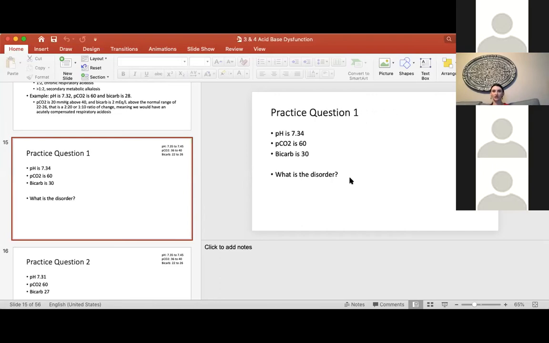I'm tricky, I didn't put the answers right there. So we've got a vote for respiratory acidosis, and one with metabolic compensation. We've got sort of 2 answers.